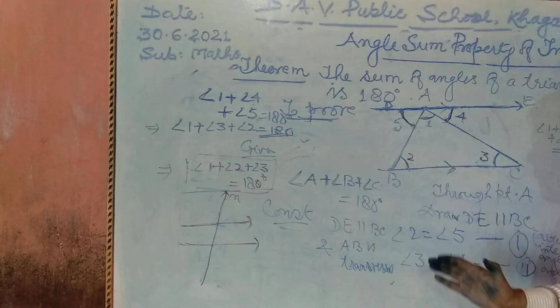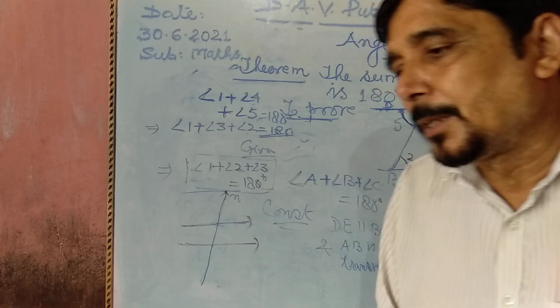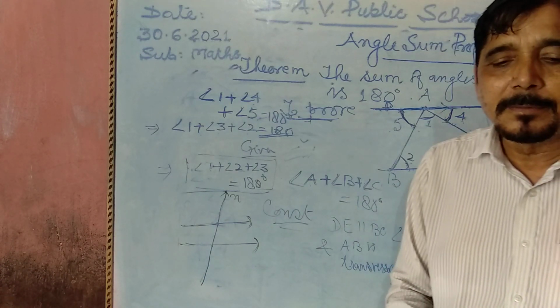Okay. Means throughout any sum of geometrical problems, you have to apply all the results, properties, definitions of the geometrical part of mathematics wherever it is needed in the questions. Okay?